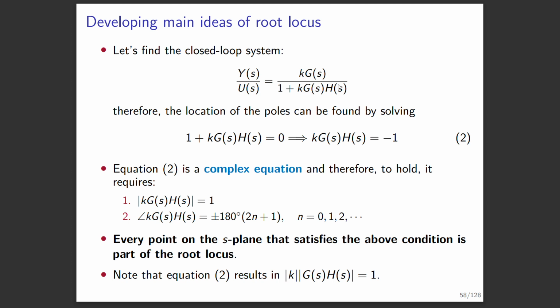Well, you write down the closed loop system's transfer function. It's K times G divided by 1 plus K times G times H. If I want stability, I need to look at the poles, which means I need to look at the denominator. So I put 1 plus K times G times H equal to 0, which means that G times H times K should be negative 1, right?